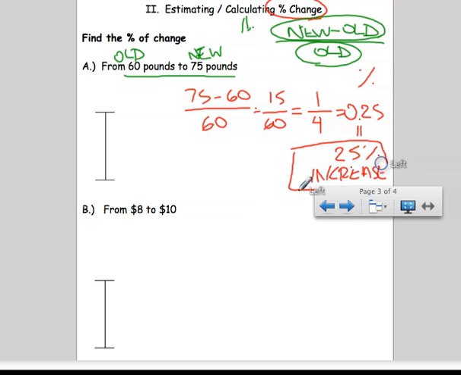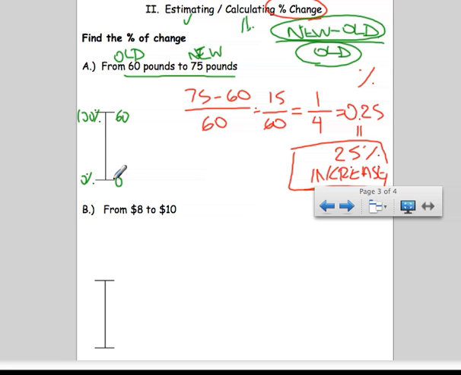That means of this person's original body weight, they gained an additional 25%. To show you that visually, and now we'll get to actually the estimation to make sure it makes sense with what we know. I know that we were starting at 60 pounds, which would have been 100% of the original body weight. So this is how I'd set up my chart.